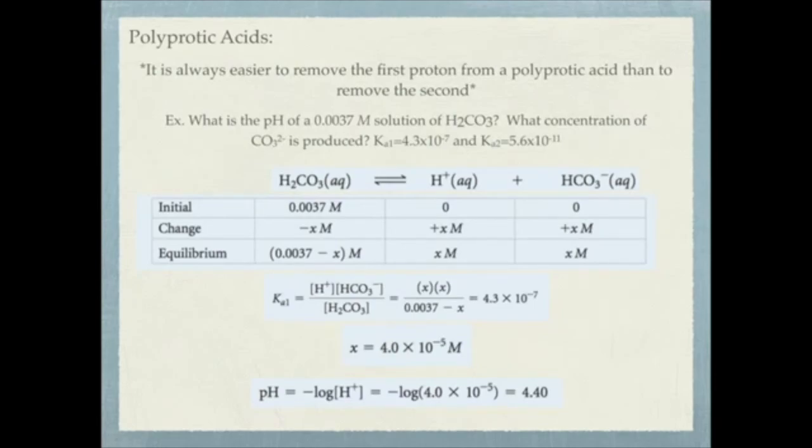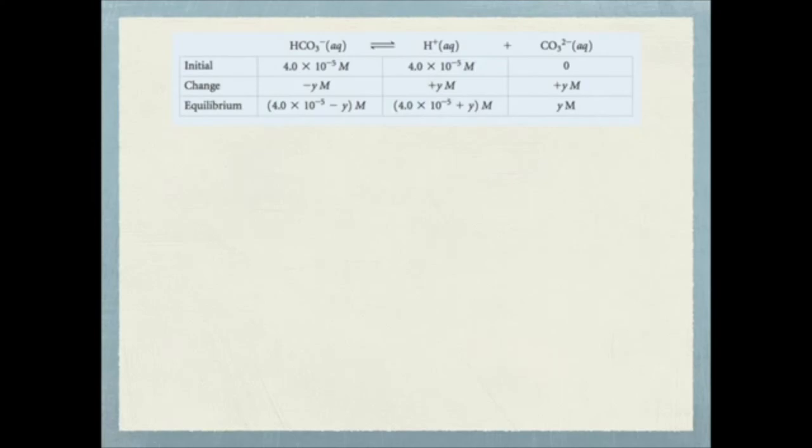However, it does ask for the concentration of CO3, my carbonate. So what I need to do is mentally note the concentration of my hydrogen ions and my HCO3 minus because I'm going to plug that in for the next acid dissociation. So I've got 4.0 times 10 to the negative 5th for both of them. And so the second dissociation, HCO3 minus is going to dissociate into H+ and CO3 2 minus.